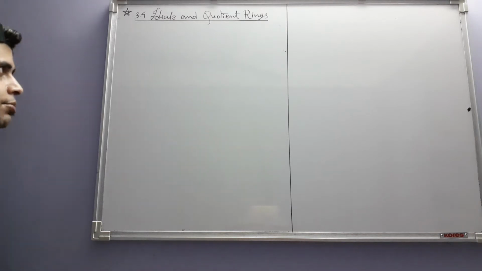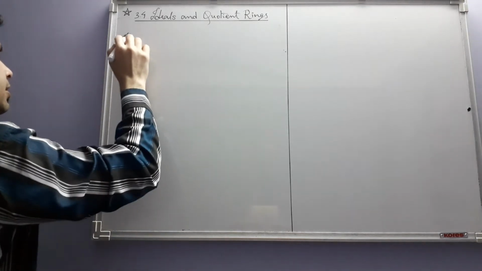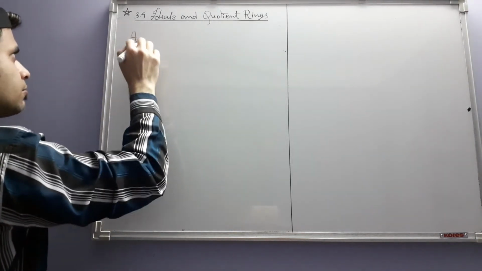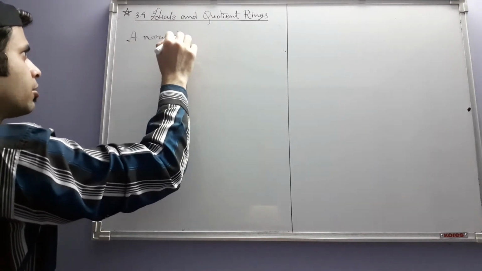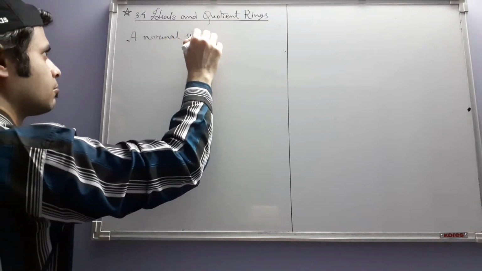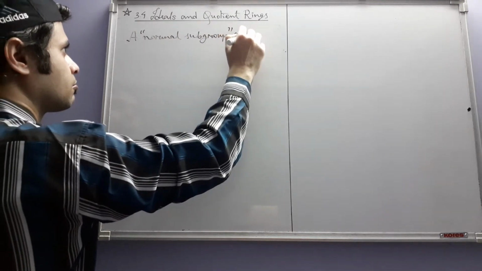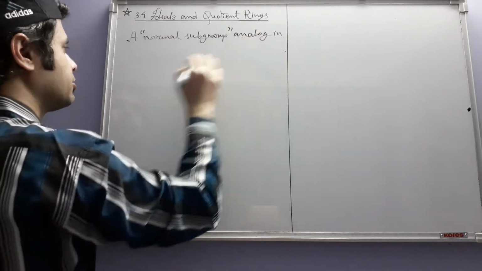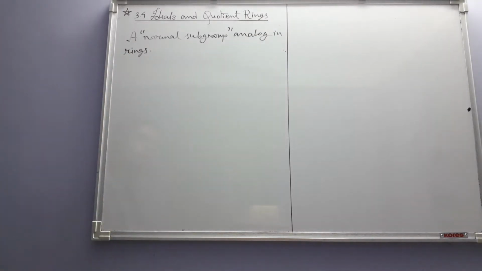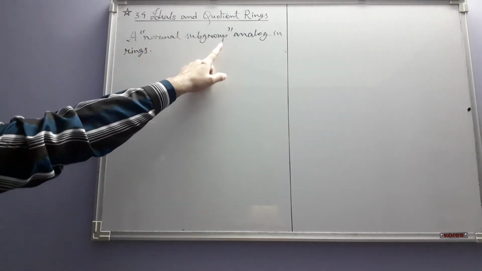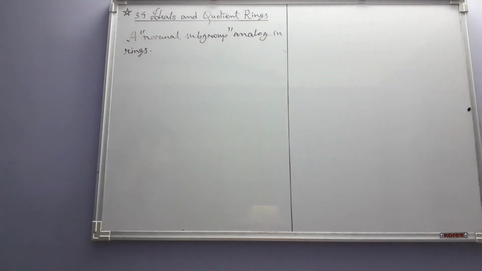So the next thing we would like to do is to define a normal subgroup analog in rings. We already know the concept of a normal subgroup of a group from group theory. We want a corresponding concept in rings.